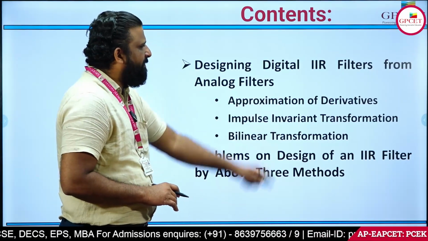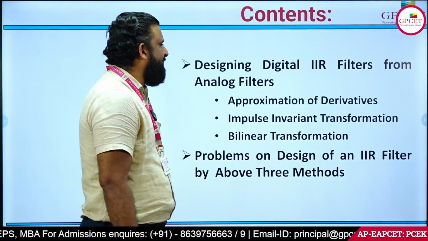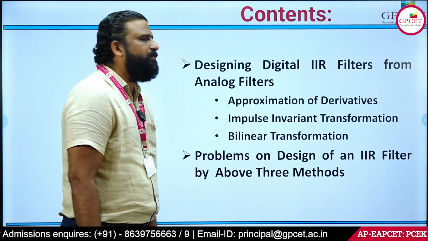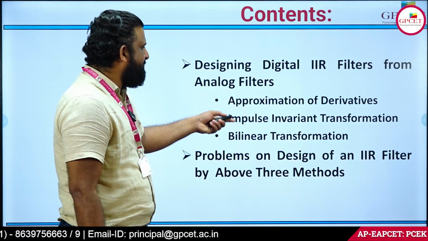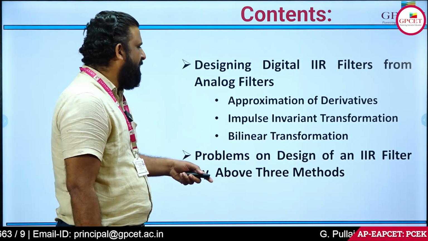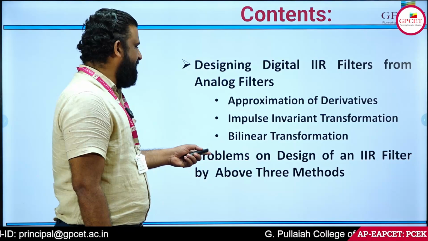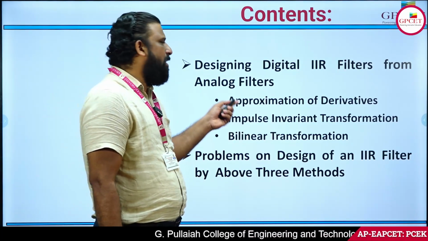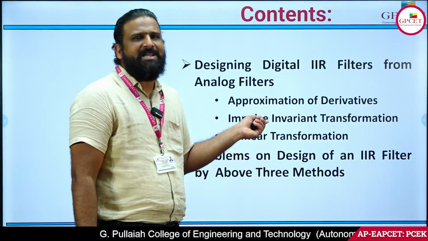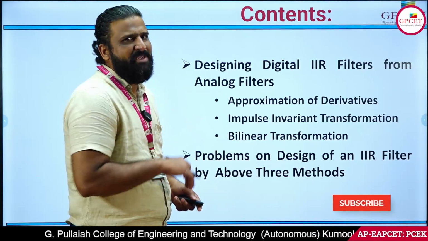One is approximation of derivatives, second is impulse invariant transformation, and third is bilinear transformation. In this lecture we will see the steps of how to design, and at the end of the session we will take one example for each, so that we get clarity on how to convert the transfer function of an analog filter into a digital filter.